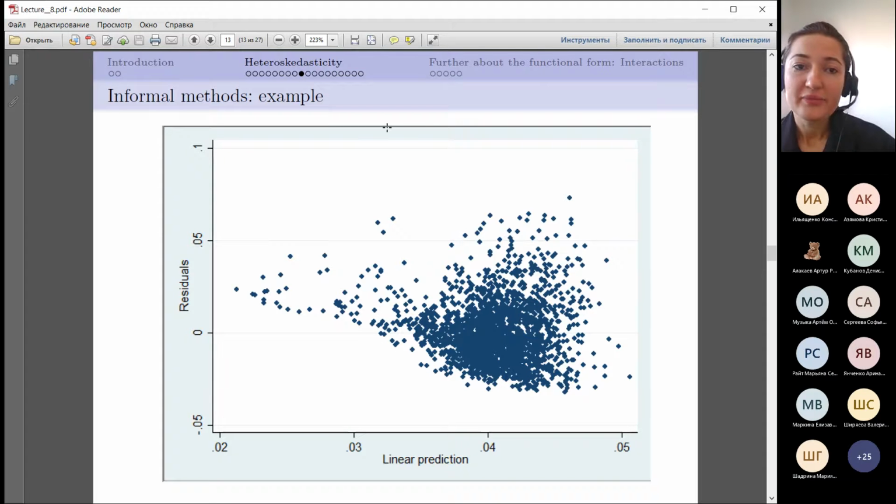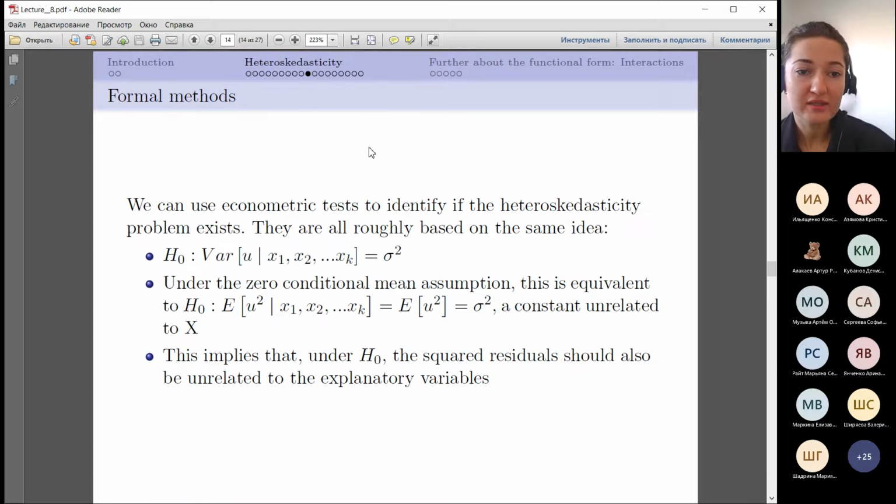Okay, but in addition to some informal methods, of course, we can use formal methods. With formal methods, we can run some simple tests that can help us to detect the presence of heteroscedasticity. And as usual, we should run the linear model, and we assume that we obtain unbiased and consistent coefficients.